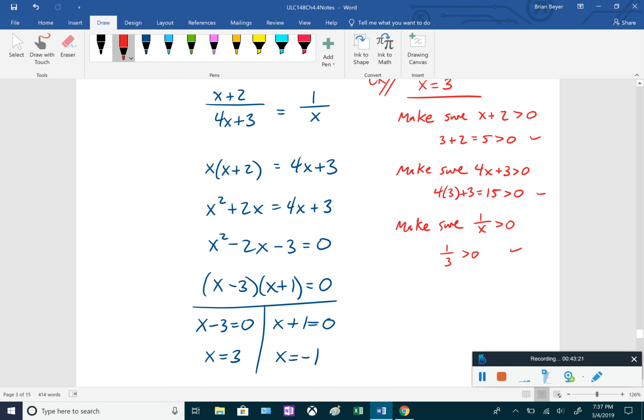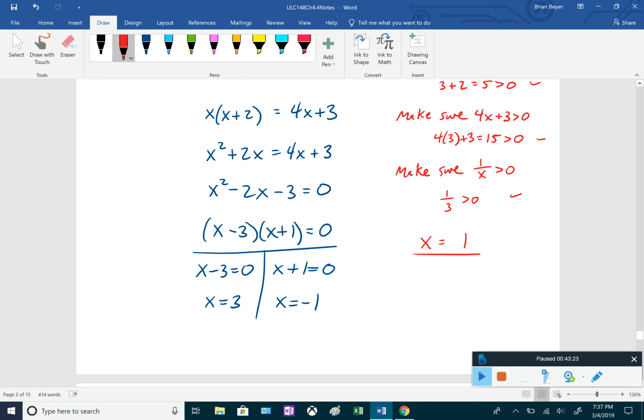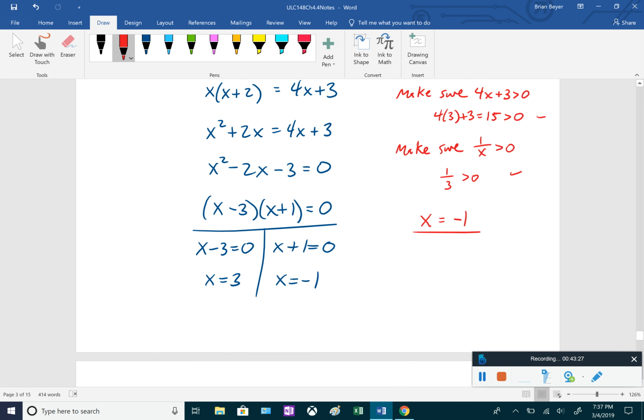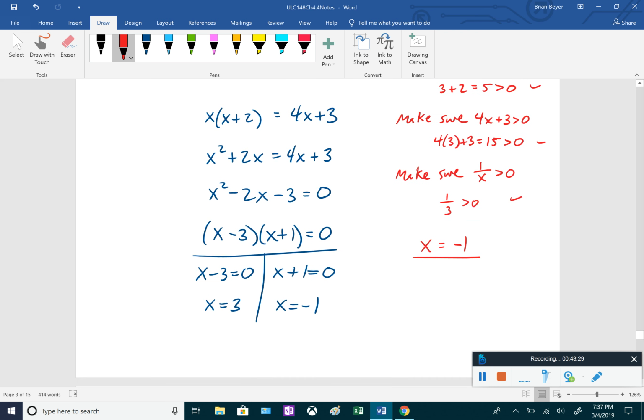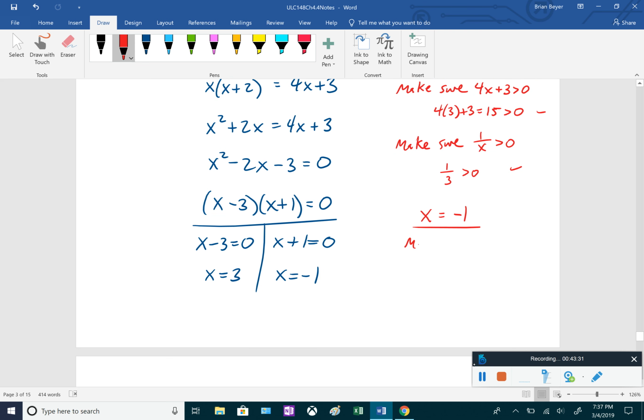So now let's plug in x equals negative 1. We make sure x plus 2 is positive, which it is. It's negative 1 plus 2, which is 1, which is positive, so that one's good.